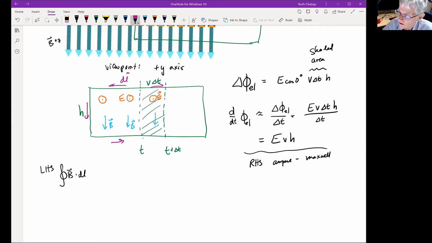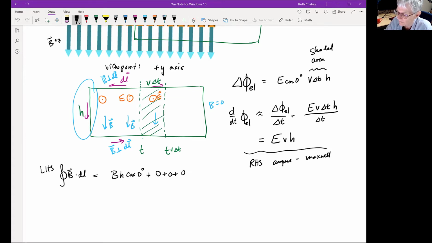So along the top and the bottom, B is perpendicular to dl, so that's 0. And over here, B equals 0. So the only piece that's non-zero is this left-hand side. So we get B times H times cosine of 0 degrees plus 0 plus 0 plus 0. So that's BH.